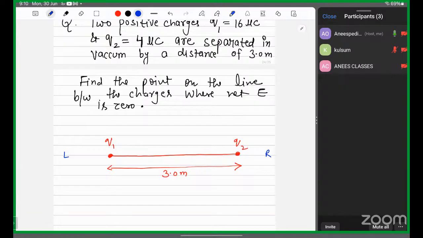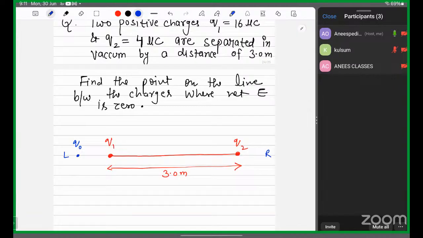How will we check the direction? Let's say I randomly select a point here, and I want to know the direction of electric field vector due to Q1 and Q2. I will put a Q naught charge here, which is positive, and look at the direction of force. I already told you the direction of electric field is the same as the direction of force on Q naught.